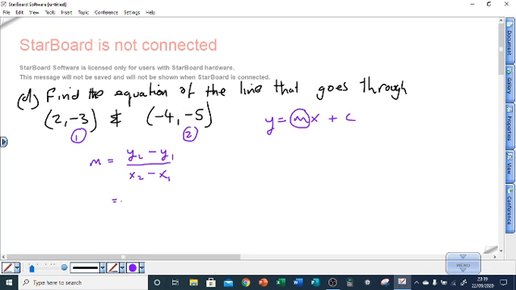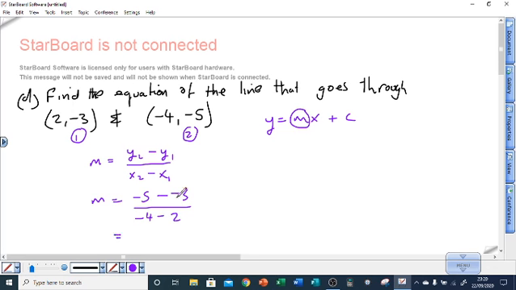So just putting it in there, we can find that the gradient is equal to y2, that's my minus 5, subtract my y1, which is the minus 3, all divided by my x2, which is my minus 4, subtract the x1, which is my 2.